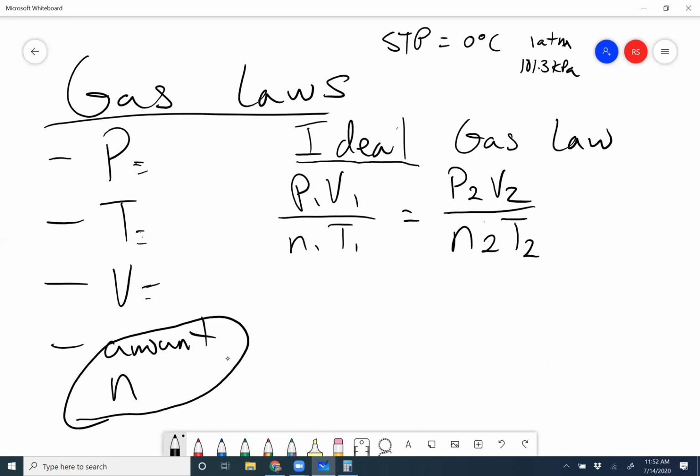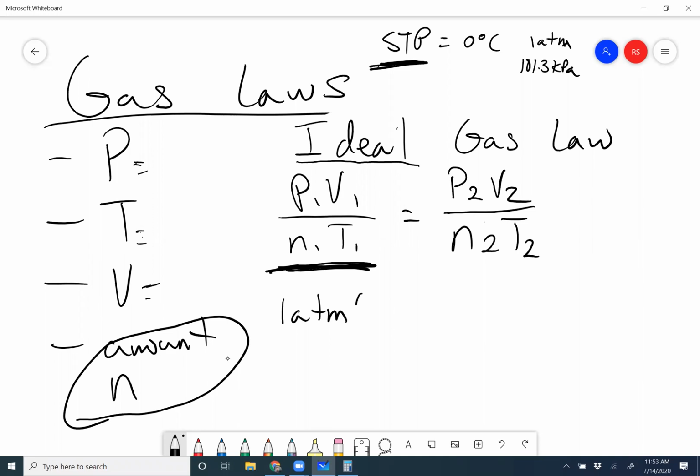And so rather than worrying about every single gas having special conditions for it, what the ideal gas law says is that, okay, all gases behave the same way. So rather than constantly trying to measure their condition before and then measure their condition after, let's just plug in the conditions for a gas at STP. So standard pressure is 1 atm.